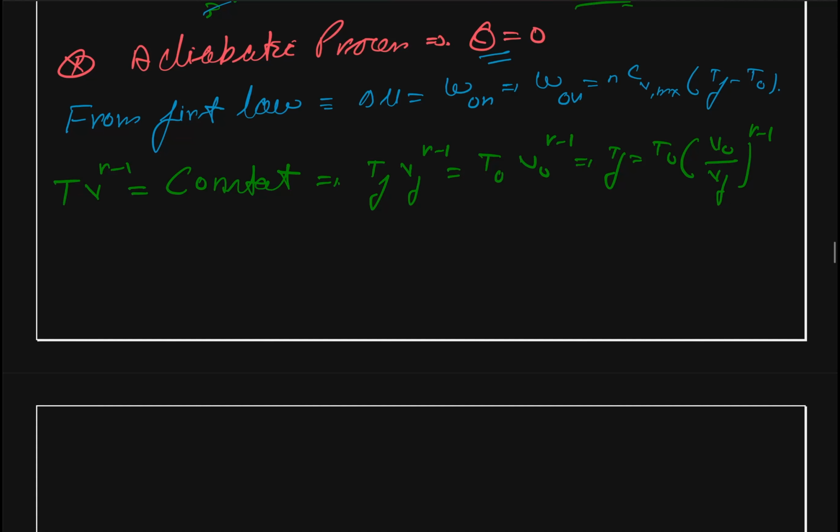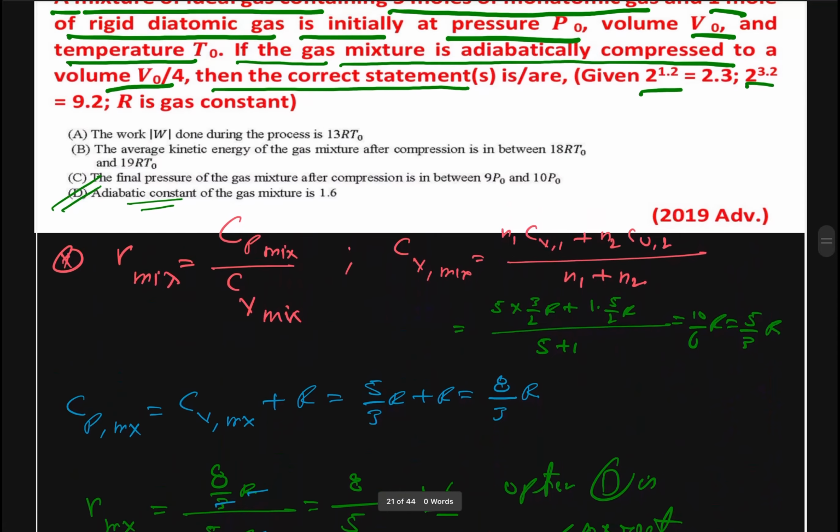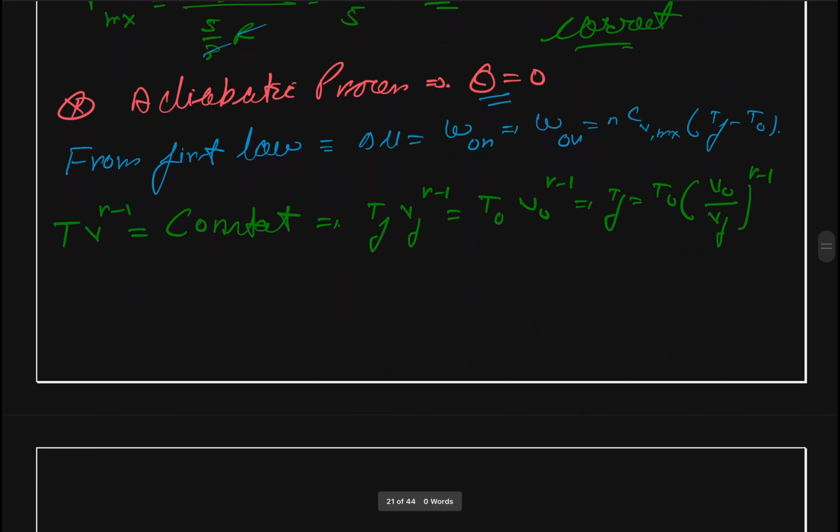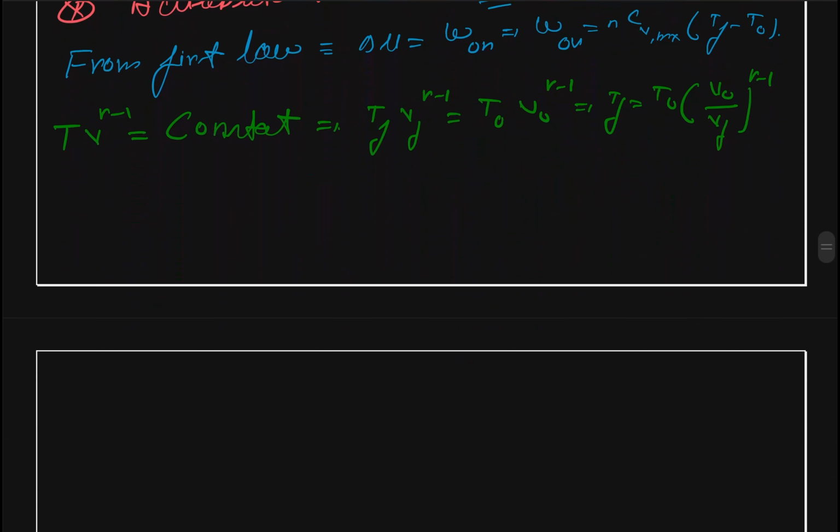And it says that it is compressed up to 1/4 of the volume. Therefore we can write that our T final will be equal to T naught times 4 to the power gamma minus 1, and this gamma minus 1 is our 0.6.